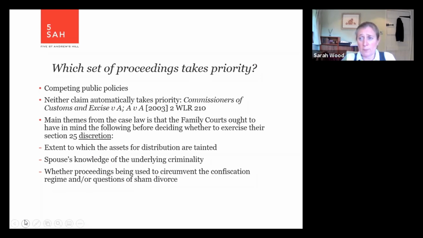So they could both be heard by a High Court judge who was sitting with both a family hat on and a criminal hat on. That is now different, obviously, under POCA, because the confiscation regime, including the applications for enforcement, are dealt with purely within the Crown Court. And therefore, you have two very distinct sets of proceedings running alongside each other. But nevertheless, and importantly, this still is good law, that neither set of proceedings should take priority.